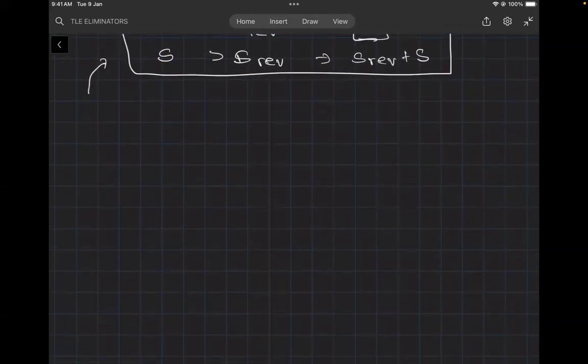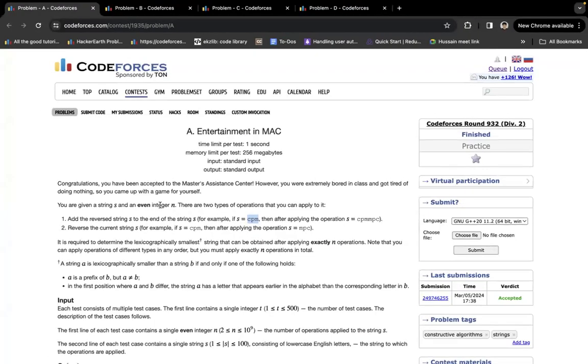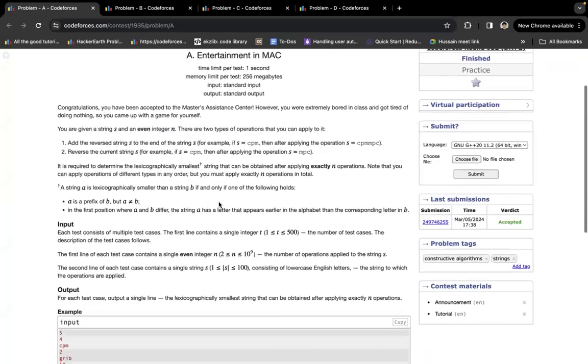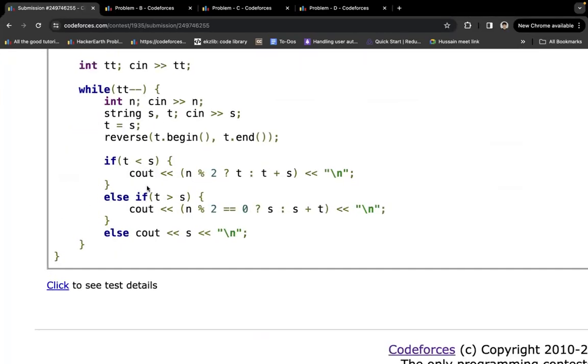So if this much is clear for problem A, let's look at the solution. I actually didn't read the even integer n in the problem statement, so I solved it for any n. But let's have a look. The idea is very simple. Let's just ignore this, it is not required.